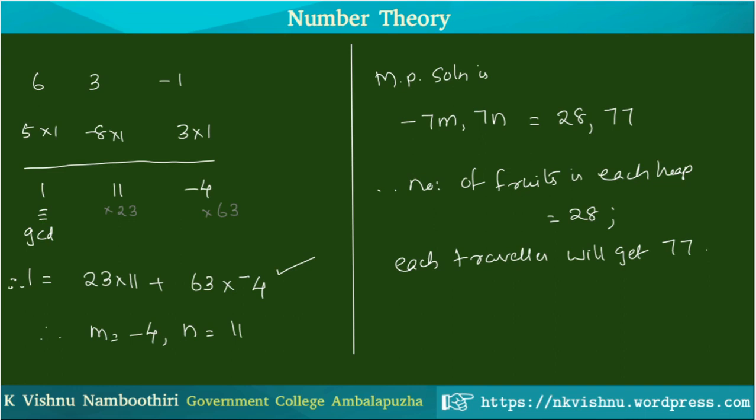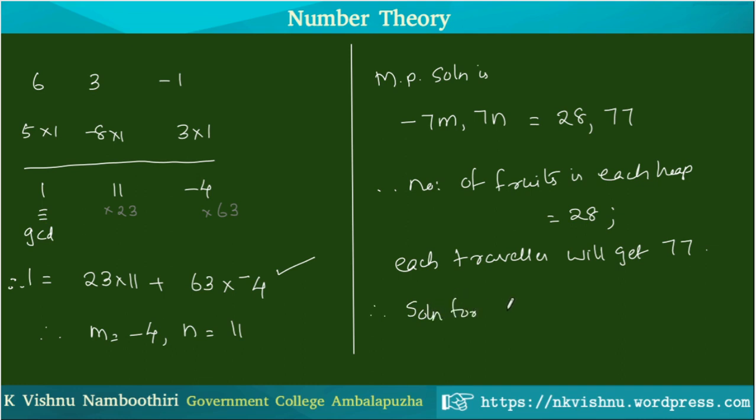So that means that the solution for a linear Diophantine equation, of course in the case of Mahavira's puzzle also, is not going to be unique. So the observation is the following.